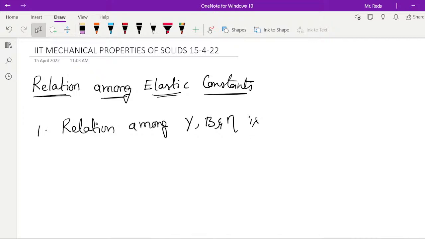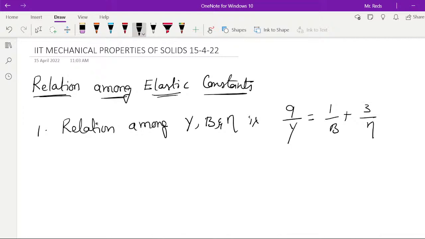See, the first one, the relation among Young's modulus, bulk modulus, and rigidity modulus is given by 9 by Y equals 1 by B plus 3 by eta.